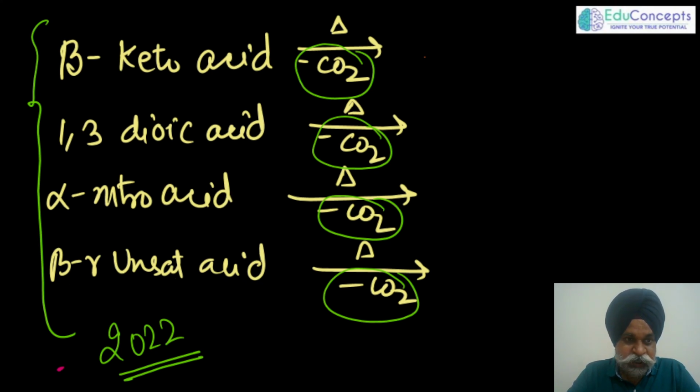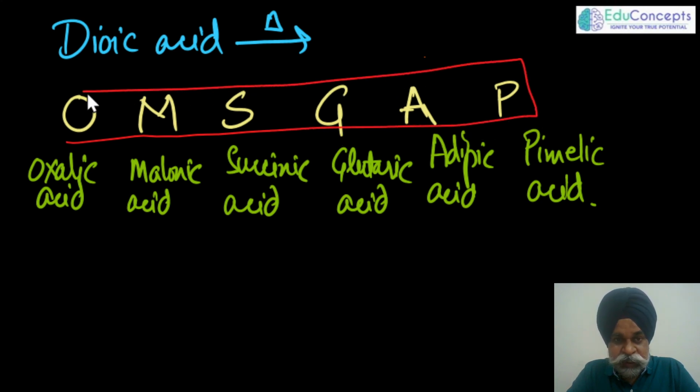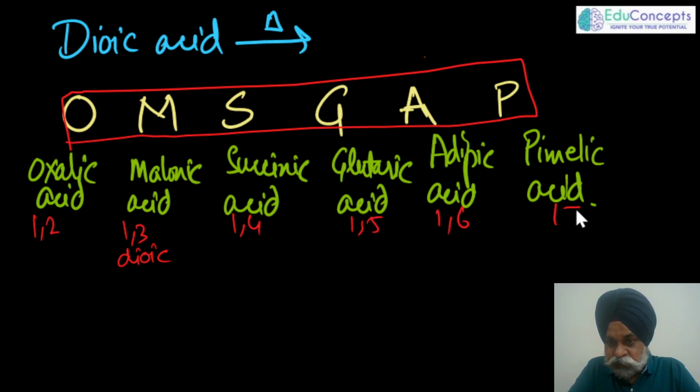One more thing I would like to share with you. There is a very important topic of heating dioic acids. So what are dioic acids? A small way to remember is to just speak it with me like Om's gap, Om's gap, Om's gap. Om's gap is oxalic acid, 1,2-dioic acid. This is malonic acid, 1,3-dioic acid, and this is 1,4, 1,5, 1,6, and 1,7.